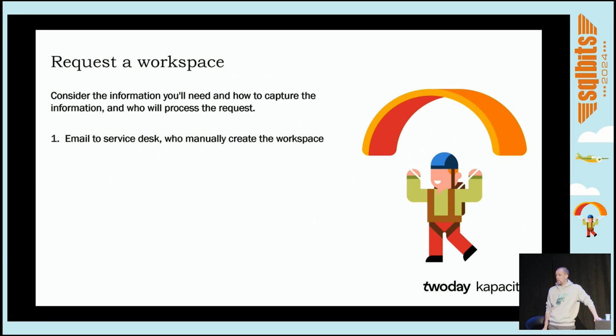You have the simple one, just setting up something where people send an email or service ticket or something requesting a workspace, and somebody in the IT department or Center of Excellence goes in, creates the workspace and gives the right permissions. That's the manual way. That will work fine for smaller organizations. But if you are a big organization and you get these requests very often, you might want to automate this, and we can do that.